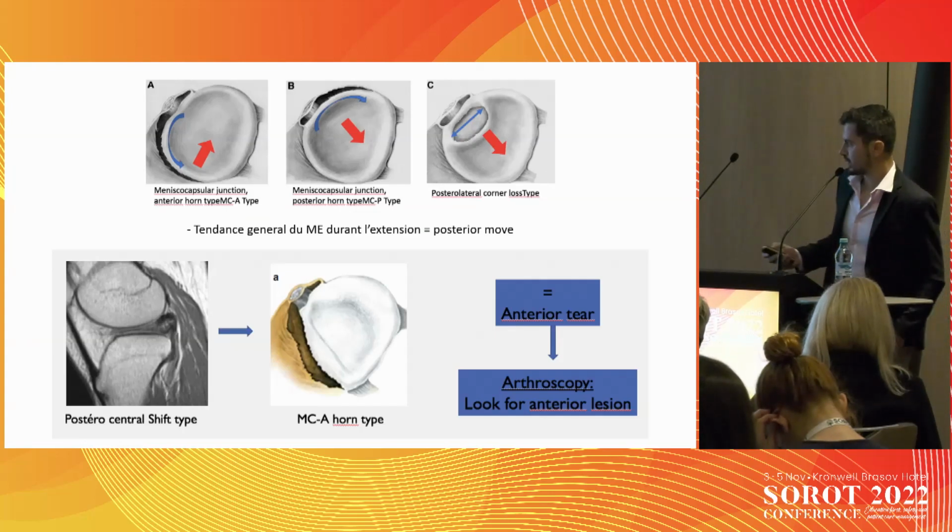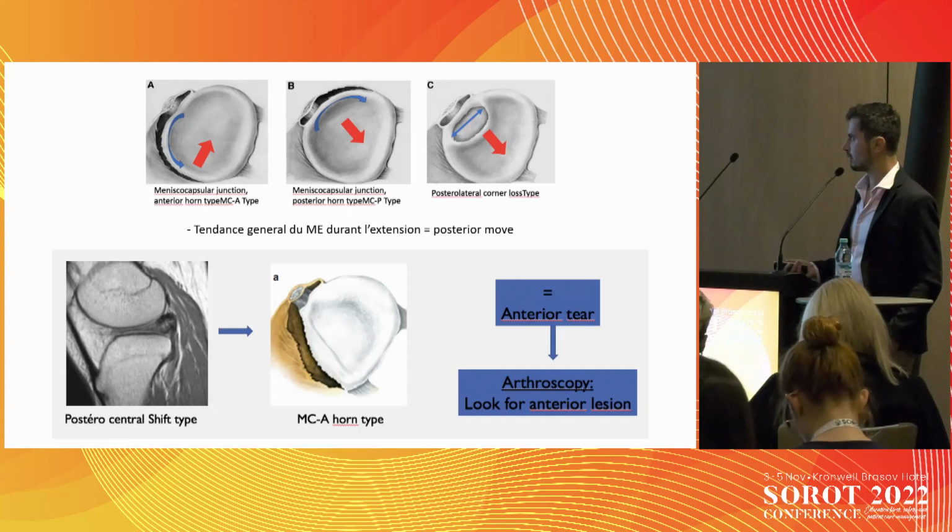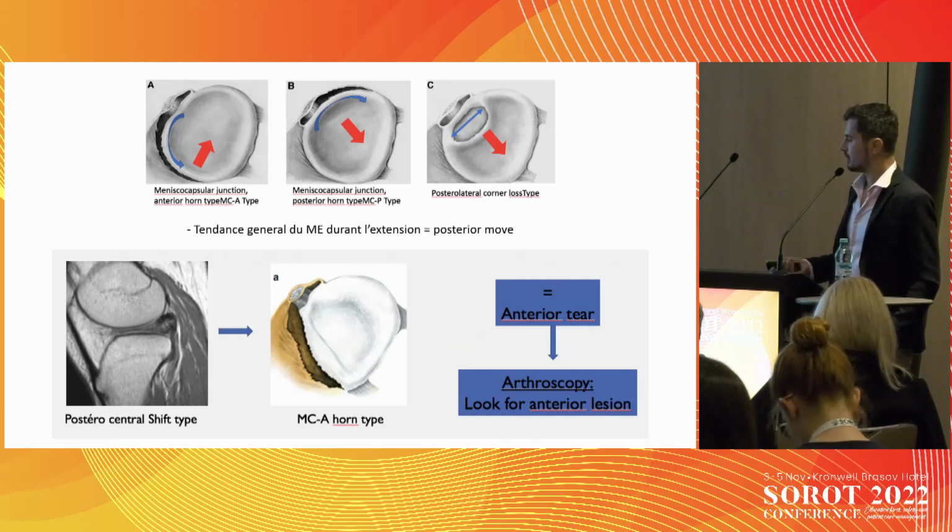So for the A, we know that in extension you have a move in posterior of the lateral compartment. So when you are in extension with the A, you have a migration in posterior of this meniscus.